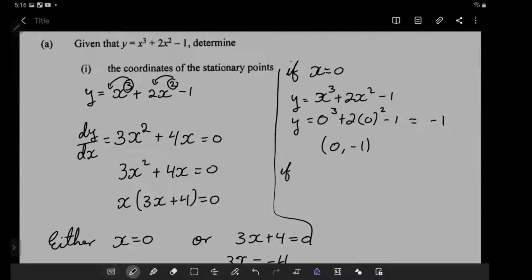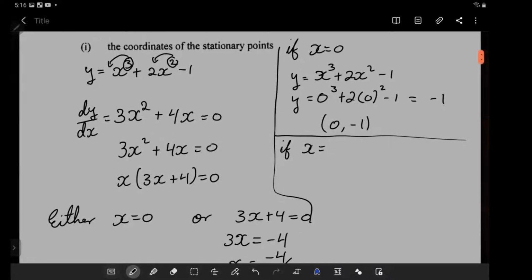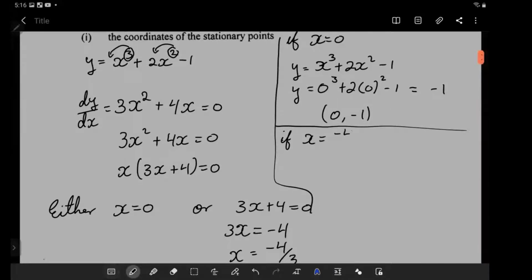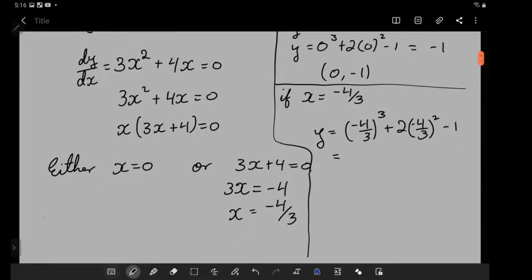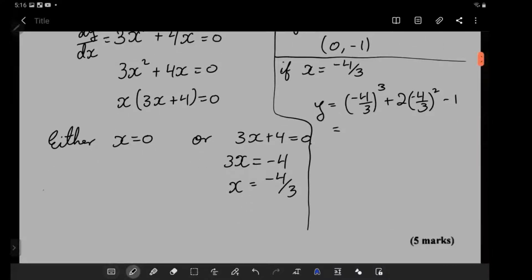However, if x is equal to negative 4/3, substituting that in, we get y is equal to negative 4 over 3 cubed plus 2 times negative 4 over 3 squared minus 1. We get negative 4 cubed. 4 squared is 16, 16 by 4 is 64.